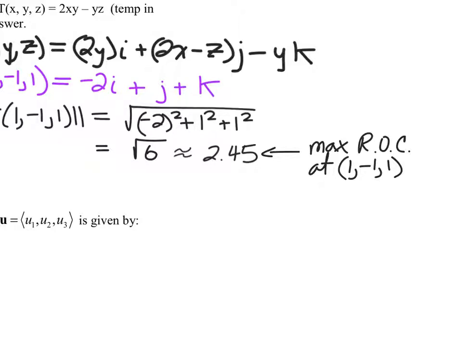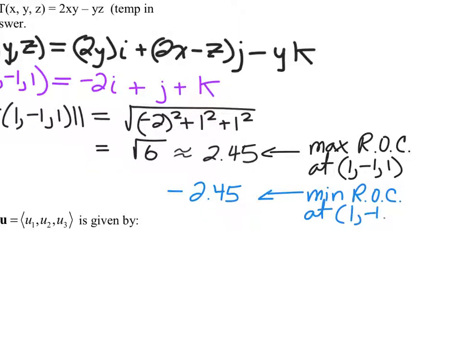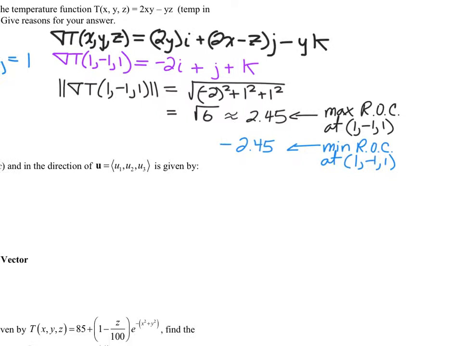But one of the properties tells us that the opposite of that would be the minimum rate of change. The negative magnitude of the gradient is the minimum rate of change.